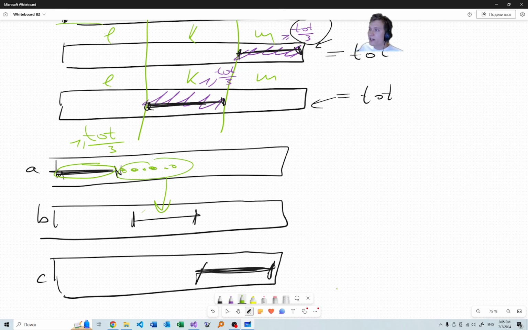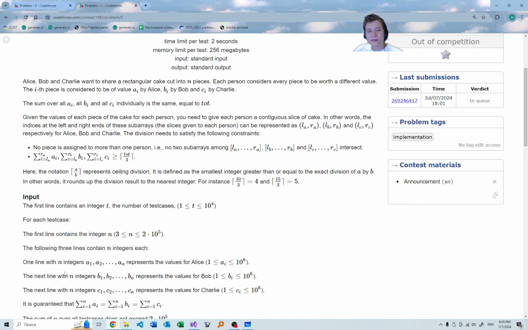So if there is any answer in which A has some extra elements, then there is also an answer in which A has the minimum possible segment. This follows from the fact that all numbers are non-negative.